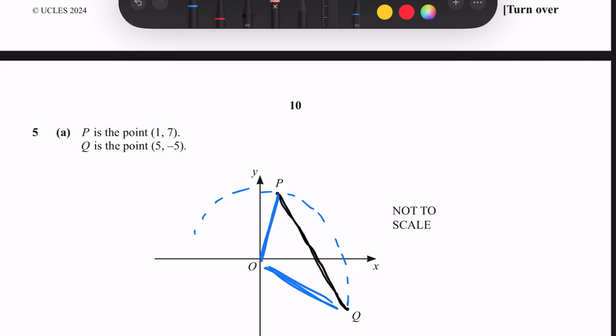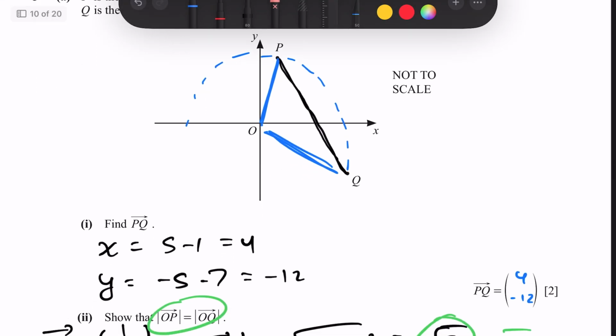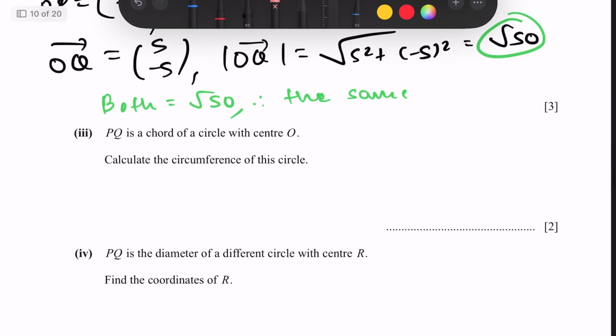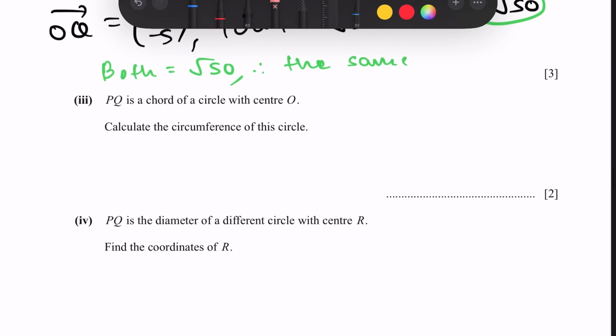Now since the center of the circle is O, and since OP is equal to OQ as established in II, this means that the radius is equal to OP and OQ. Since P and Q both have to lie on the circumference for the line PQ to be a chord, and the distance between any point on the circumference and the center of a circle is a radius, this means that OP and OQ are both radii, the plural of radius, of the circle.